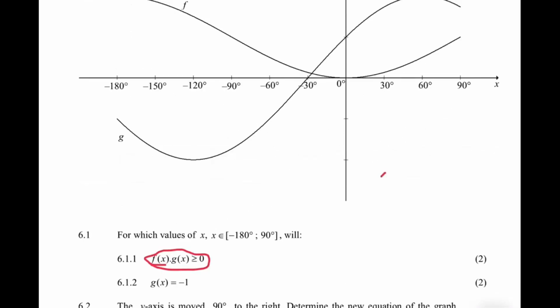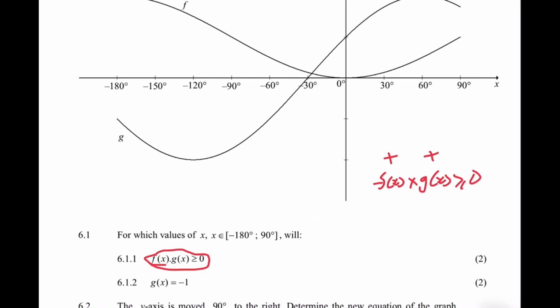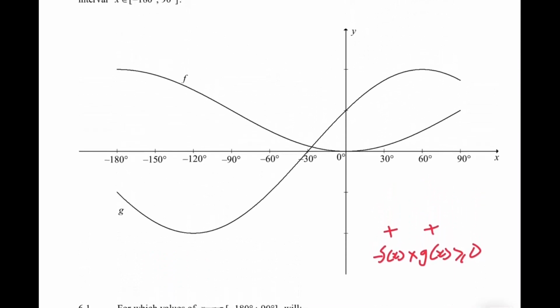So here, if f of x multiplied by g of x is greater than 0, then f of x needs to be positive and g of x needs to be positive. Because if one of the two is negative, then the product will not be greater than or equal to 0. It's either they're both positive or one is positive and the other one is 0. So let's look for an interval where that is true. Clearly g of x is negative here, so this interval can be part of our answer.